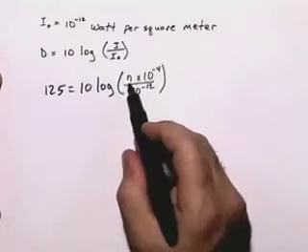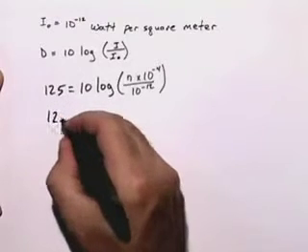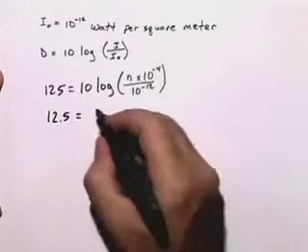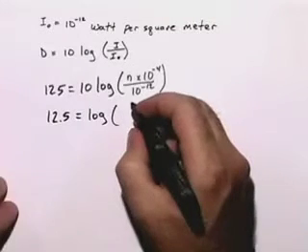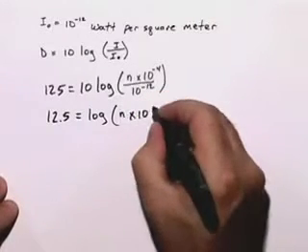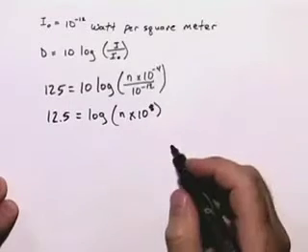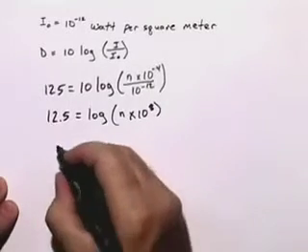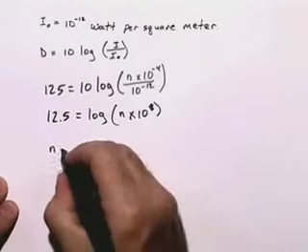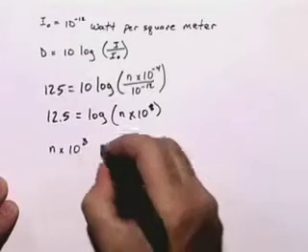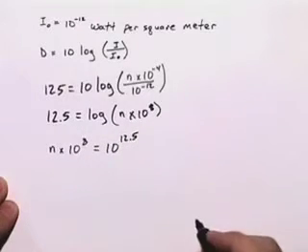We need to solve this for N. We're going to start by dividing both sides by 10. This will give us 12.5 is equal to log base 10 of N times 10 to the 8th power, using rules for exponents. If we convert from our log form to an exponential form, we'll get N times 10 to the 8th power is equal to 10 to the 12.5 power.